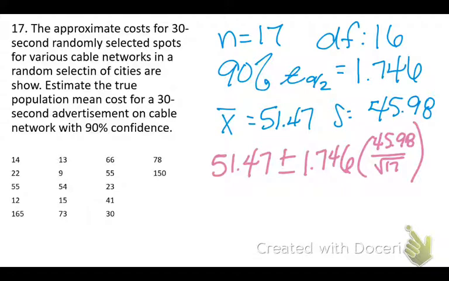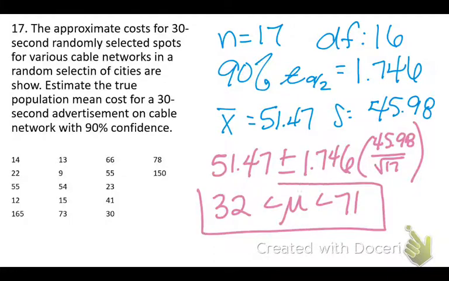We can now plug this into our calculator, and we are going to get 31.9 something, and it ends up rounding to 32. And since the first one rounds to a whole number, I'm going to actually do the same thing with my other one. It should be 70.94, but I'm just going to round it up to 71. So it's similar to my first problem, or my first number, I should say.